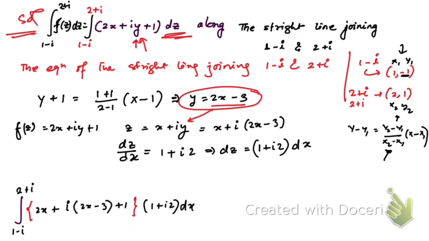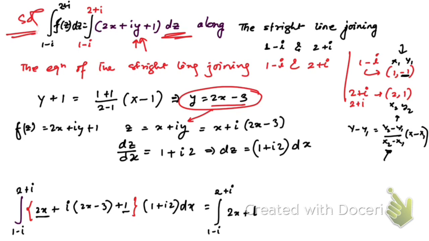Okay, so what you're going to have after simplification, let me write the final result. We can express this one in this way, integration from 1 minus i to 2 plus i. So let me write the real part separately.